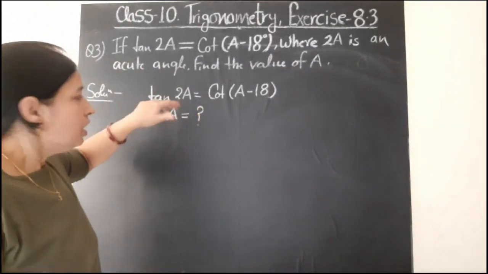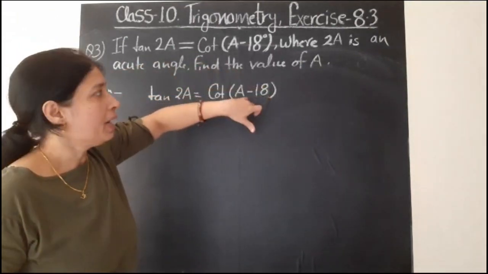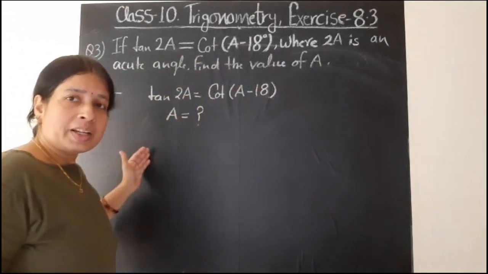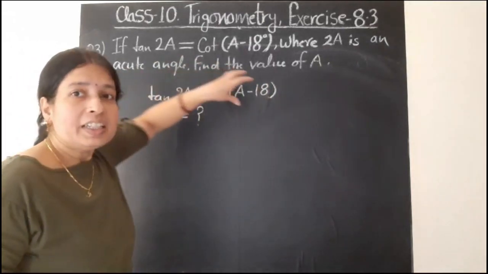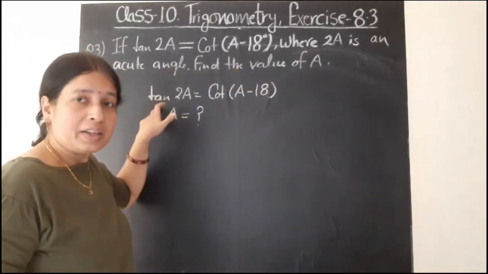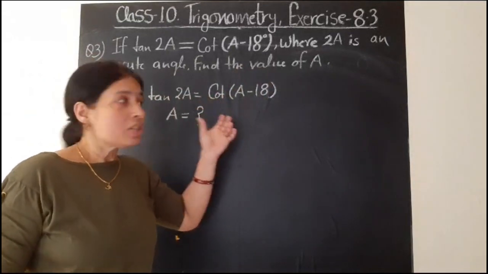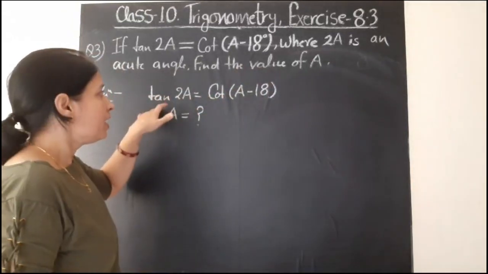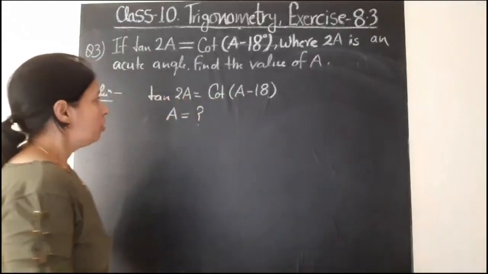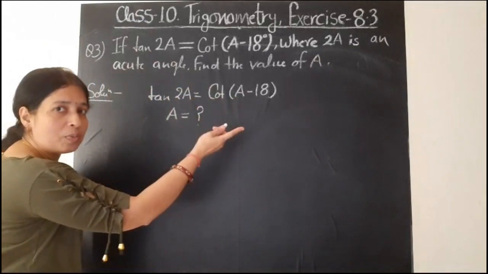So here you have to compare this tan 2a and this cot a minus 18 degree. So whenever we compare, the trigonometric ratio on both sides should be what? It should be the same. Here it is given in the form of tan and here it is given in the form of cot. So either we convert this tan into cot or this cot into tan. So suppose I am converting this tan into the form of cot.